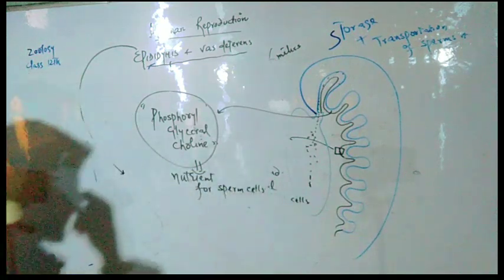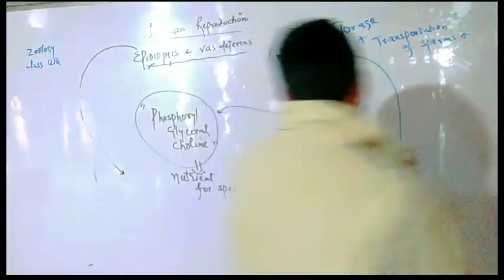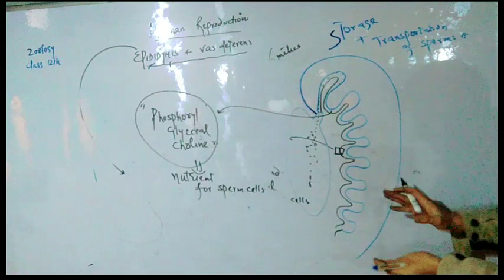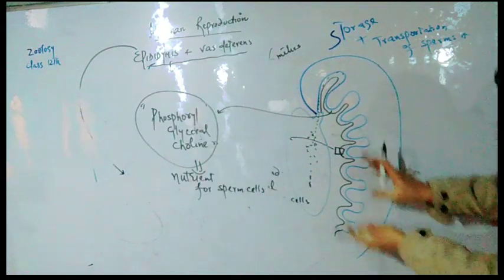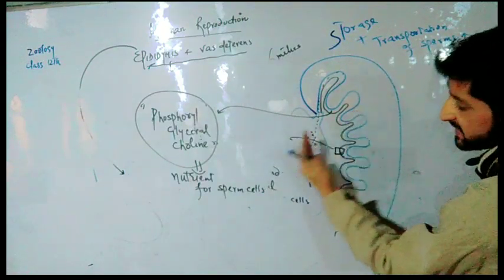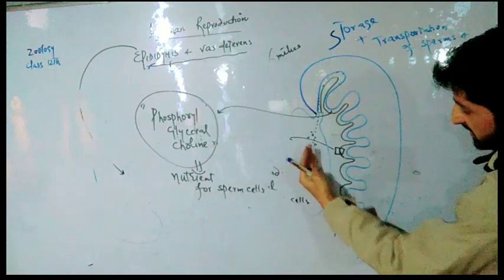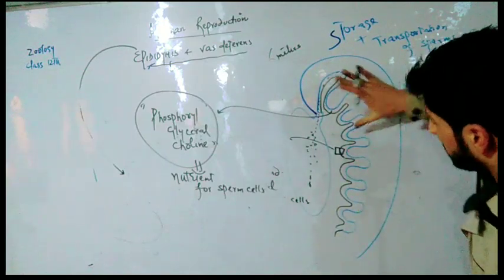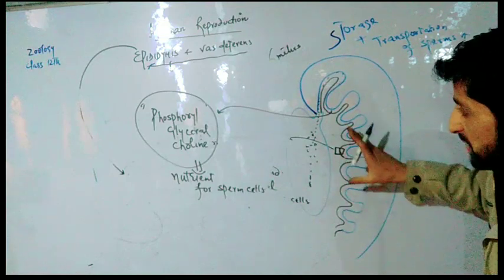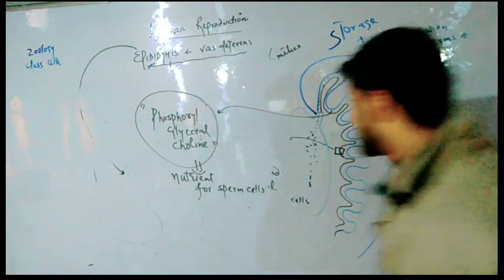What I told is that epididymis is actually a comma-shaped, highly coiled tubular structure attached to the posterior side of each testicle. Now, this wall of epididymis is made of pseudostratified epithelium that has several functions.